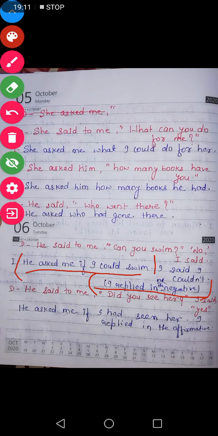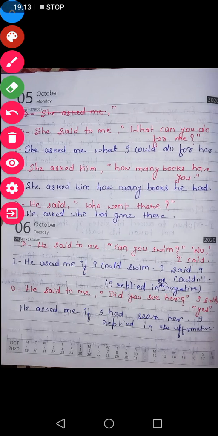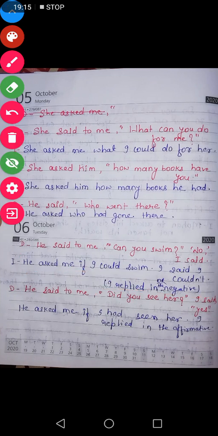Okay. Let us understand the last example. He said to me, "Did you see her?" I said yes. Then how it will be changed? Said to will change into asked. He asked me. The question is yes no question. Did you see her? Either the viewer will say yes or he will say no. So that is why it has been written if, removing the inverted comma.